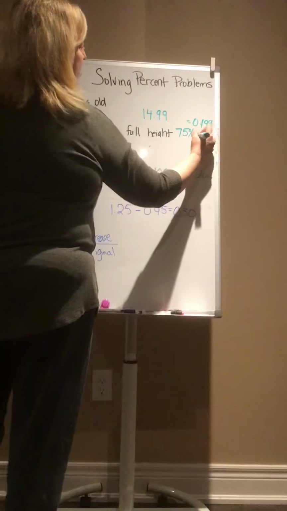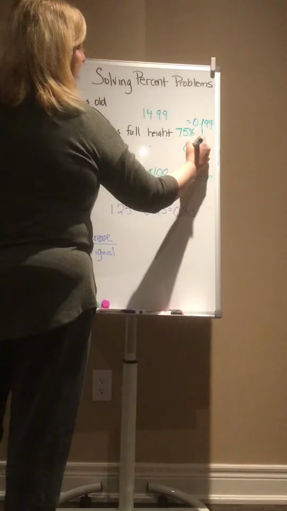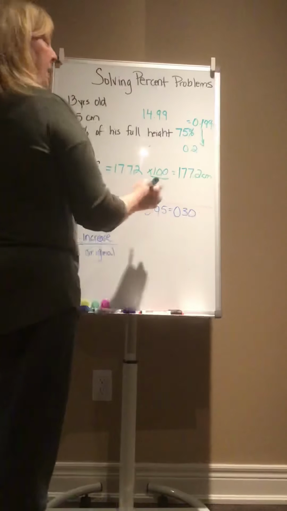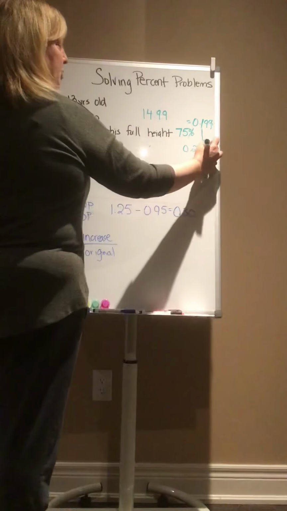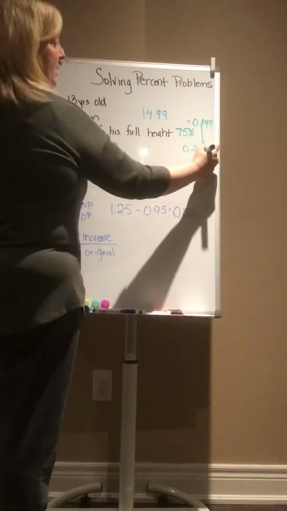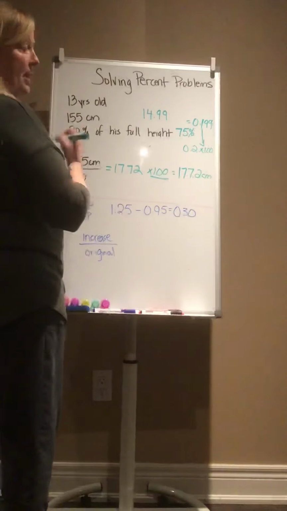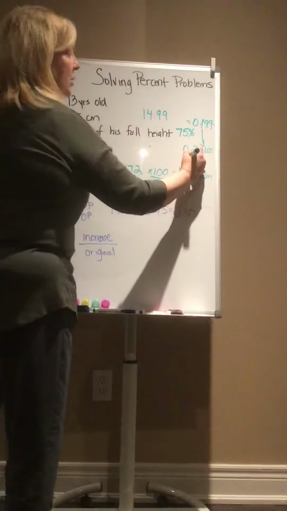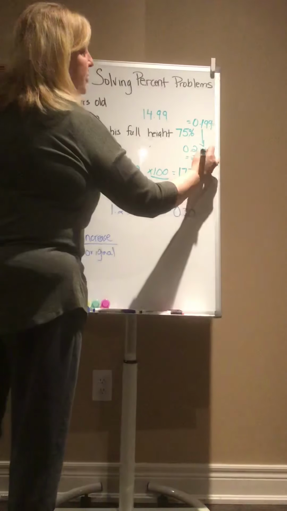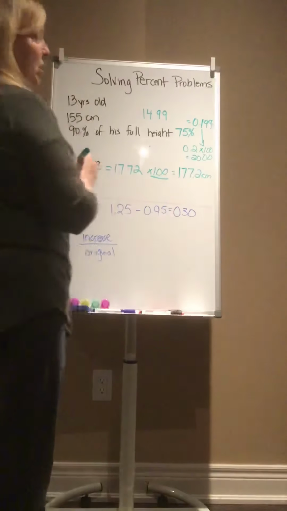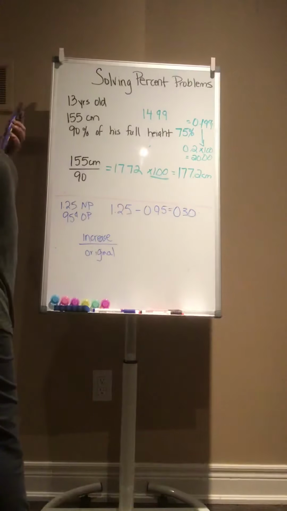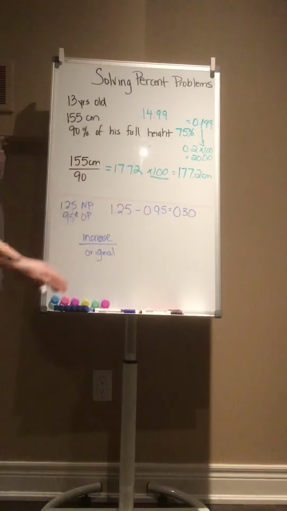We can also change that to 0.2. If I multiply by 100, which means that's what the price would have been at full price, I know that full price, the sweatshirt was $20. So it works with money, works with height, works with the height of a plant that's growing.